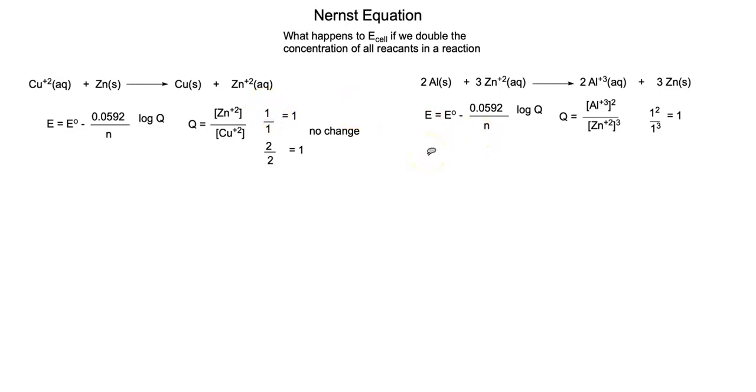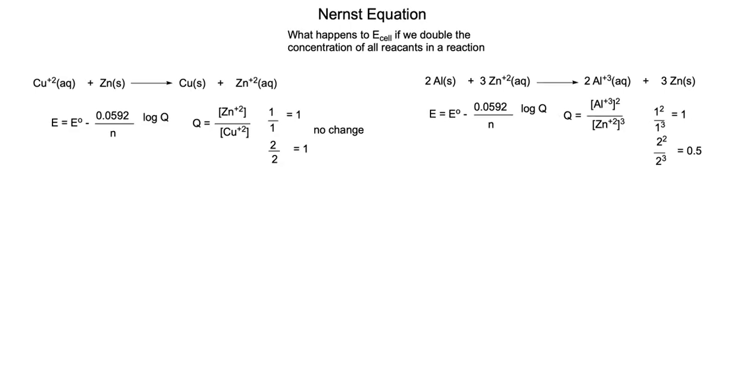But let's double everything now. So this time, 2 squared over 2 cubed equals 0.5. So Q decreased. That means the log of Q will decrease. But since we're subtracting this, we're subtracting a smaller number. When Q goes down, the Ecell will increase because we're subtracting a smaller number.